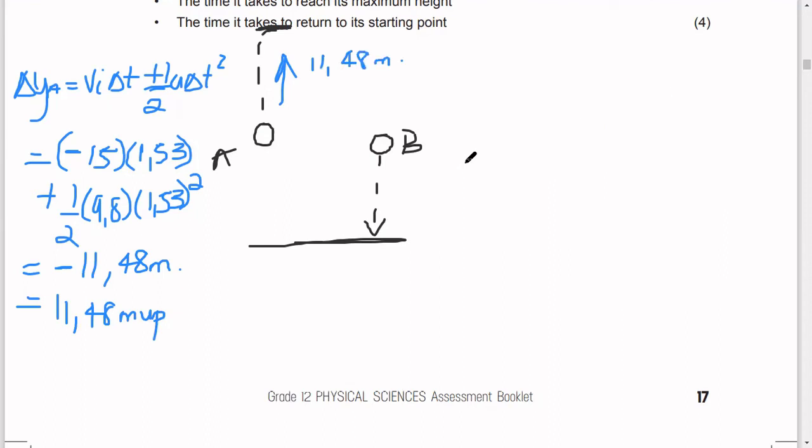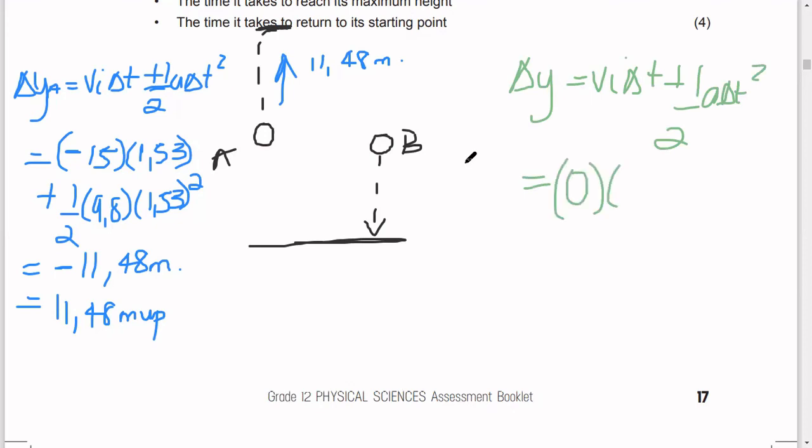And then for ball B, delta y equals V initial delta t plus half a delta t squared. My V initial for ball B is 0, since it was dropped, so 0 times 1.53 plus half of 9.8 times 1.53 squared.